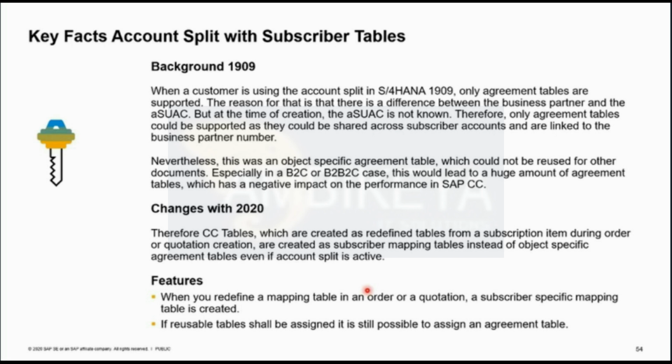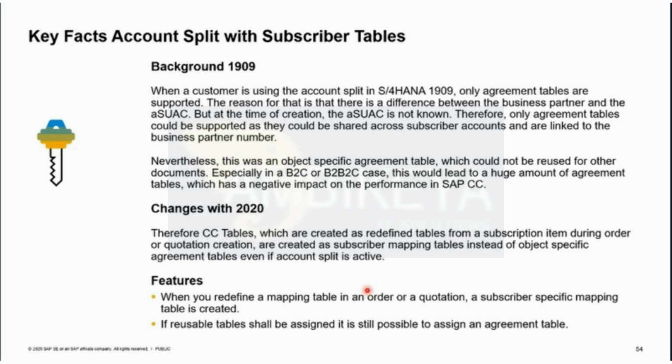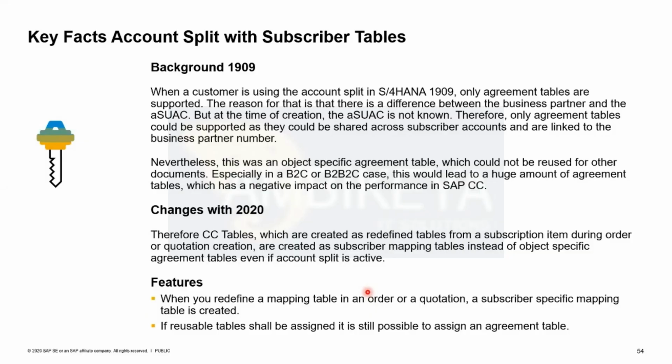So this feature was introduced, then there was feedback from customers that every time we redefine a mapping table, we always create an agreement table. From our order, when we redefine a mapping table or a range table, we are creating agreement tables instead of creating subscriber mapping tables. But this can still be subscriber mapping tables because these are object specific tables.